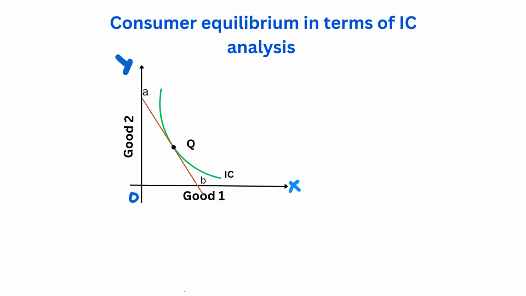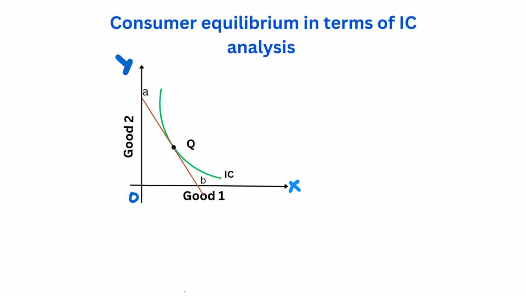So, hear me out. In terms of IC analysis, the consumer equilibrium is struck at the point where the IC curve and the price line touch each other. In this diagram, it is at point Q.